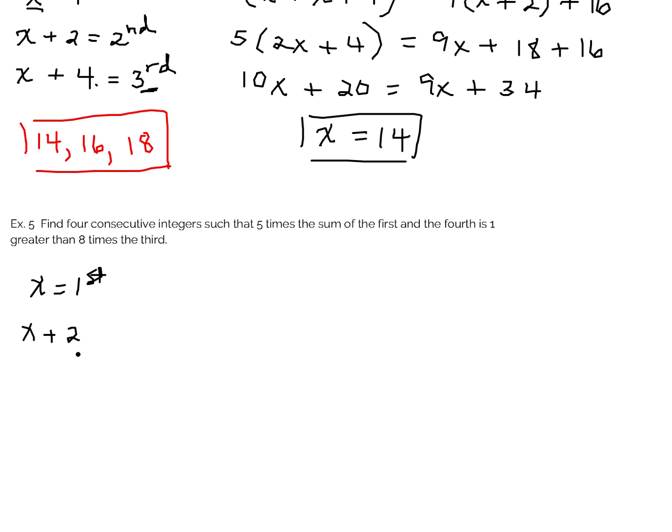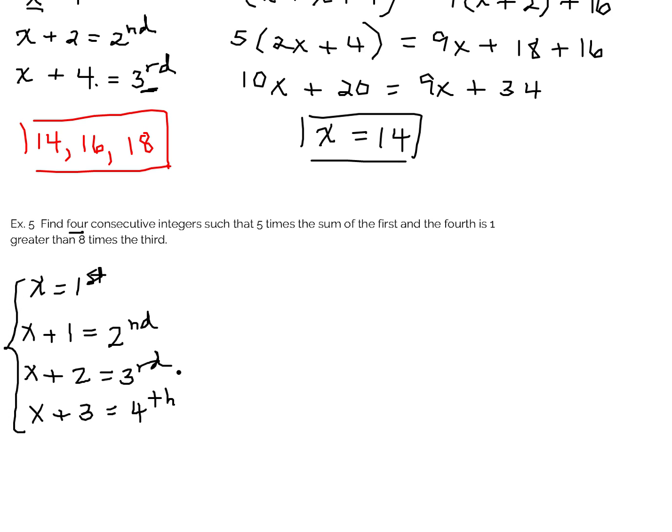It doesn't say even, so we're going to go in a row, like 3, 4, 5, 6. So x plus 1 is your second, x plus 2 is your third, and x plus 3 is your fourth. Because it says 4, you need to have 4 in your heading.